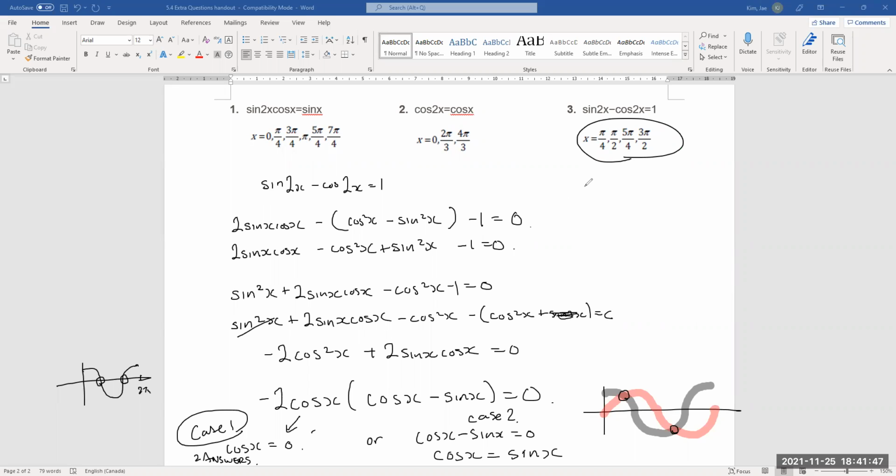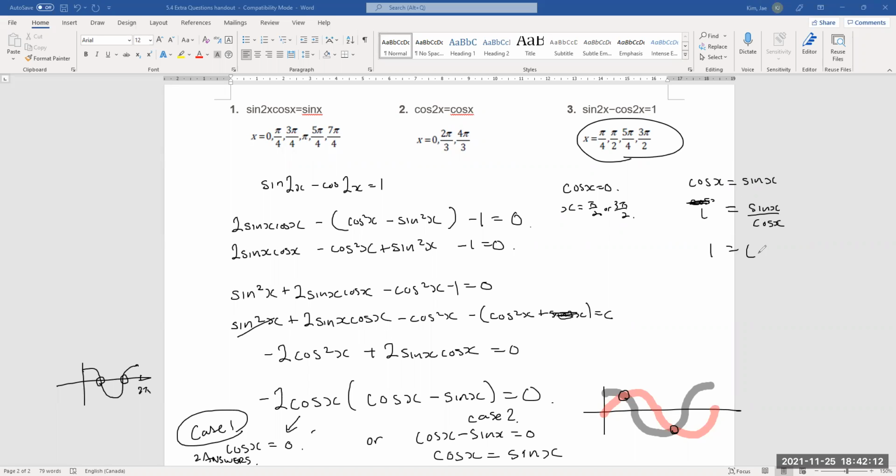Assuming that you've tried it, when cosine x equals 0, x must be pi over 2 or 3 pi over 2. When does cos x equal sine x? Well, you know what? The best way to do it is 1 is equal to sine x over cos x.